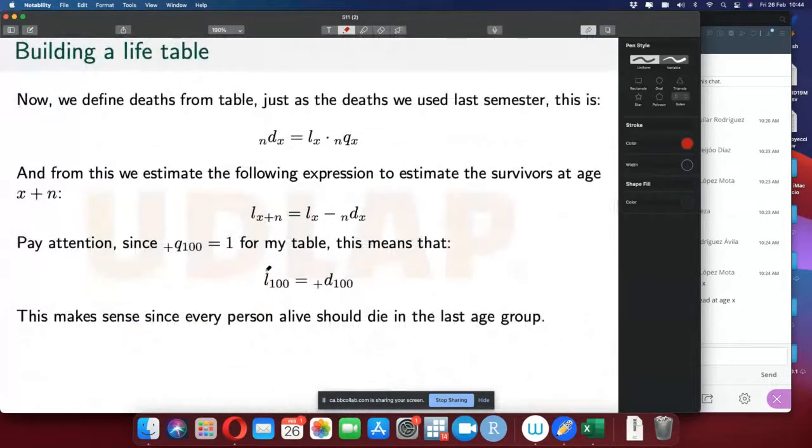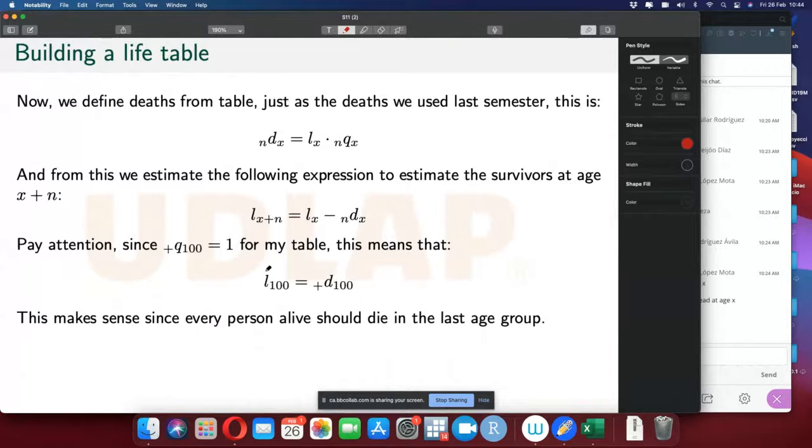Now let's continue building our life table, because in order to estimate the following value for lx, we need those who died. Remember that when we were moving from rates to probabilities, this was the expression. I'm just moving the survivors to this side of the equation and the number of deaths to this side in order to estimate the following value for survivors.